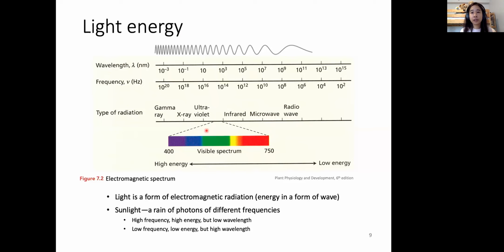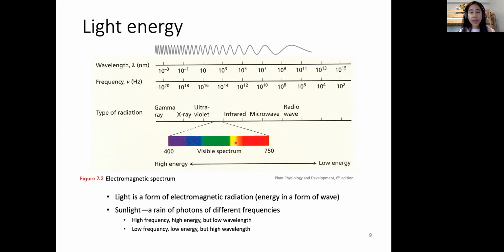Other kinds of electromagnetic radiation that we encounter in our daily lives include radio wave, microwave, infrared, gamma ray, X-ray, and ultraviolet. So what we are seeing right now is the visible spectrum, the sunlight that makes us see things.